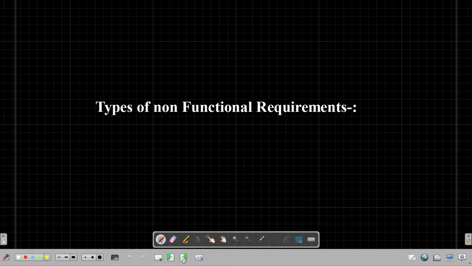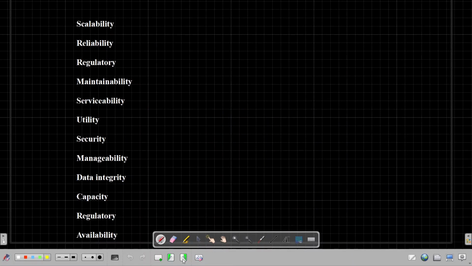So there are many types of non-functional requirements. One could be classified as scalability. Non-functional requirements could be regarding scale, like how the various nodes in a clustered design should scale. So there could be requirements around that which come under scalability.